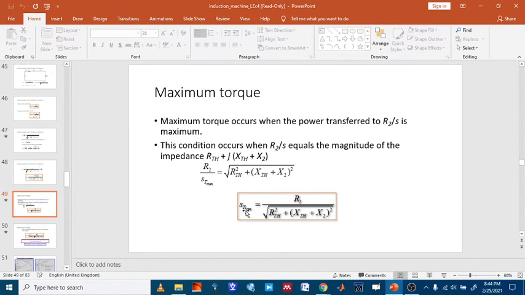Therefore, you calculate the slip at maximum torque. You make S max the subject of the formula, or make it stand alone, and you get it in this form.